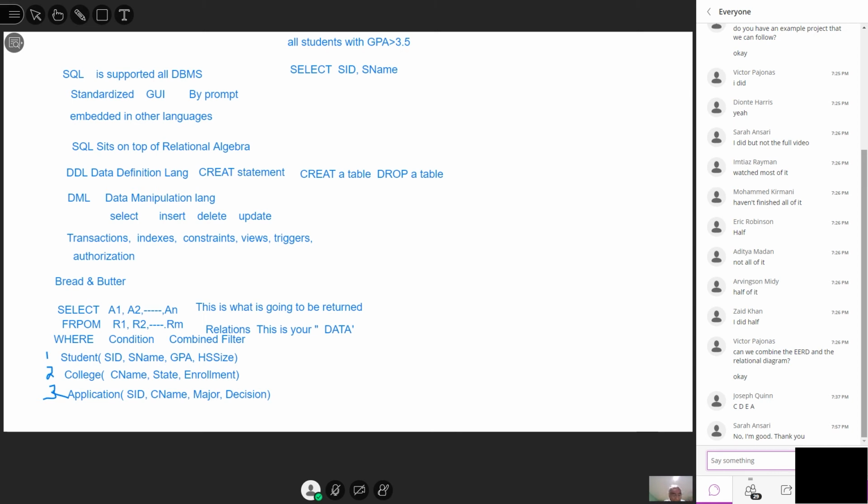So we can say here: from student, and our condition is in where. That's the filter. Where our condition is that GPA is greater than 3.5.